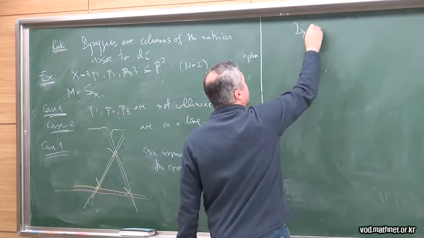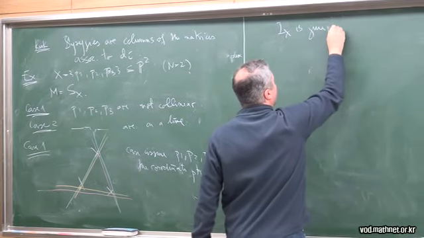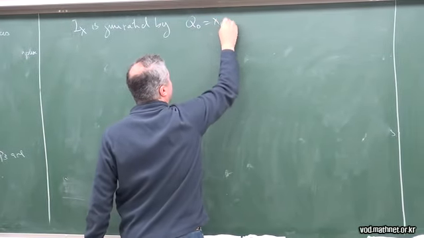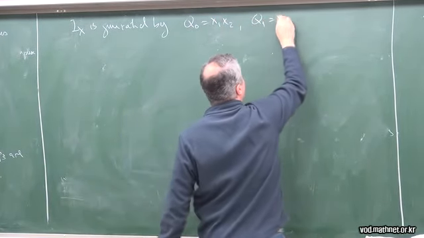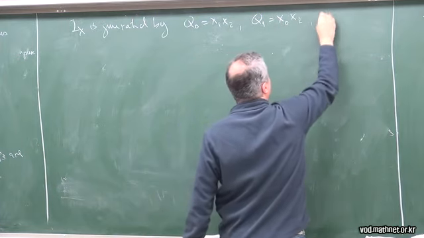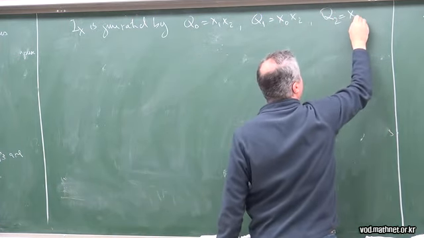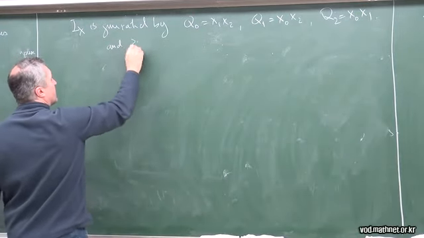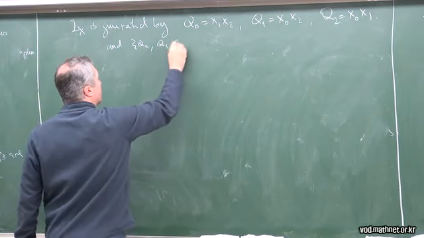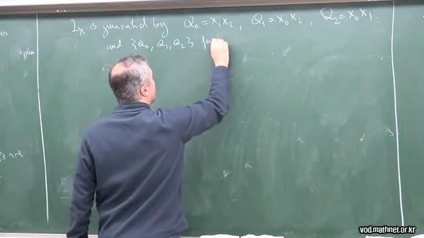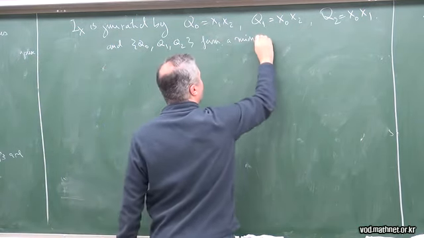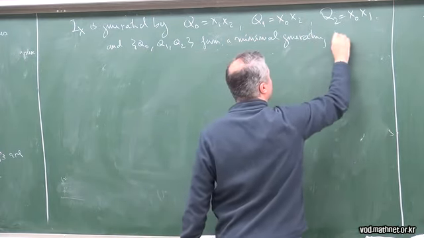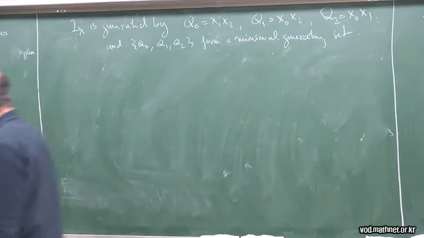So I_X is generated by Q0, which is x1x2, Q1, x0x2, Q2, which is x0x1, and Q0, Q1, Q2 form a minimal generating set for the ideal.